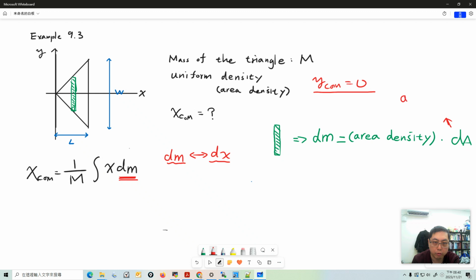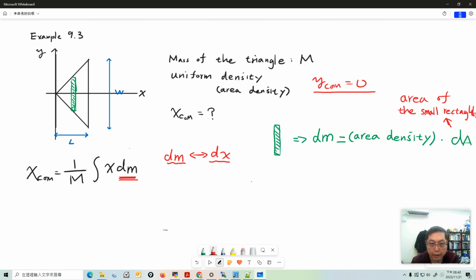Let me see, the area of the small rectangle.